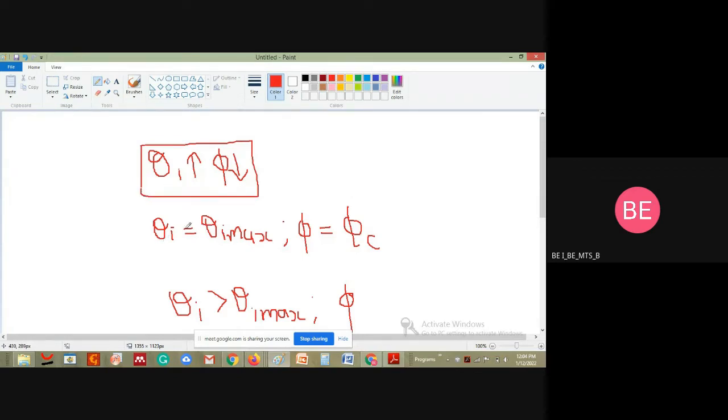When you increase the value of theta I to theta I max, phi will decrease from phi to phi c, right? And if you increase the value of theta I to be above theta I max, phi will go below phi c. Is this a favorable condition for total internal reflection to happen?